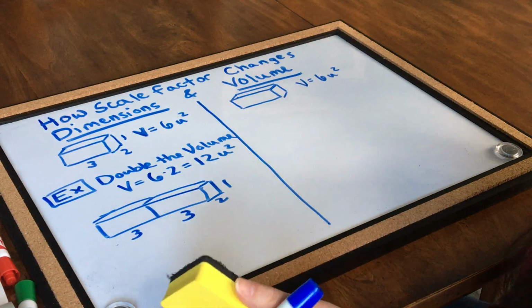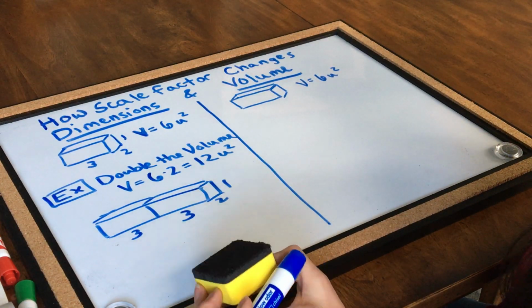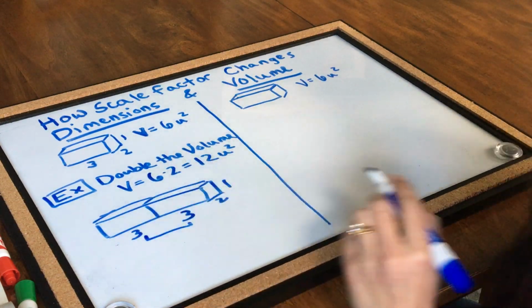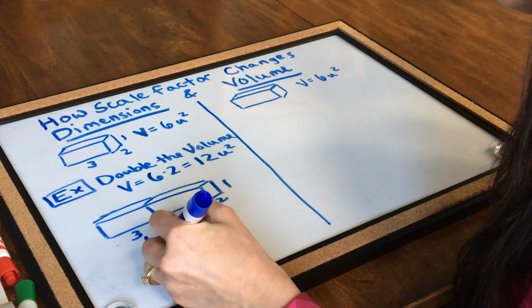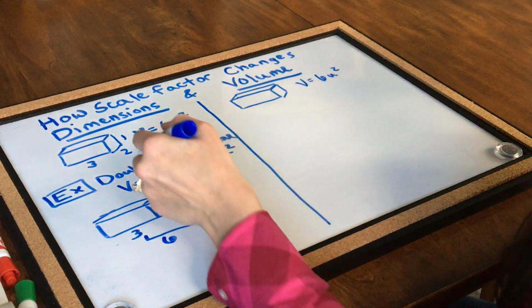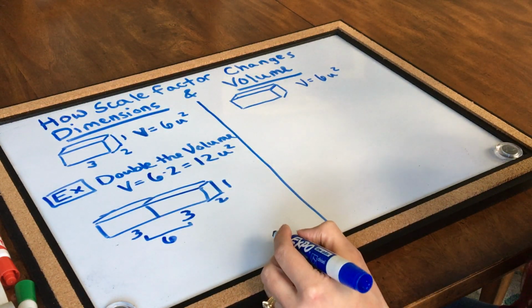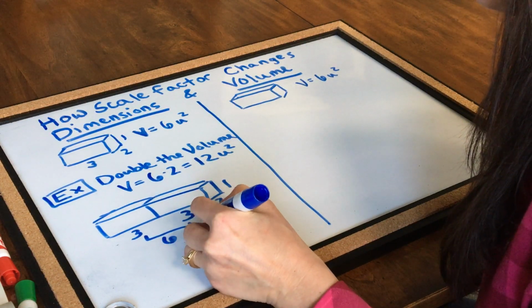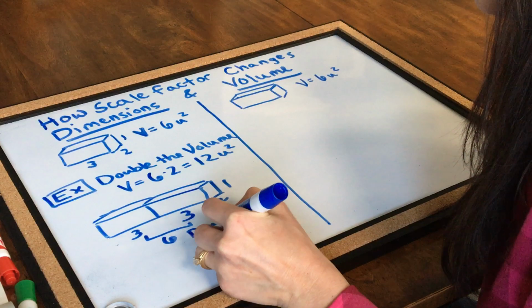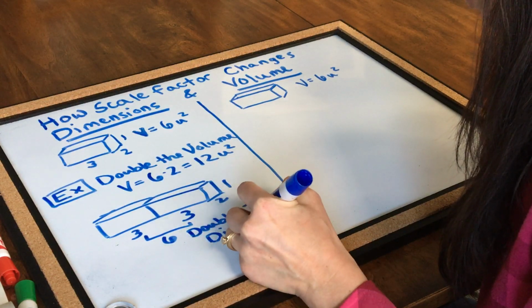The only thing I had to do to double the volume of the box was I had to double, or multiply by 2, one dimension. Okay? So if I want to double the volume, I only need to double 1 dimension of the box.